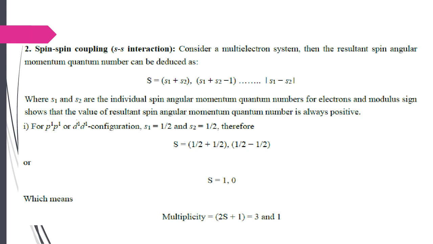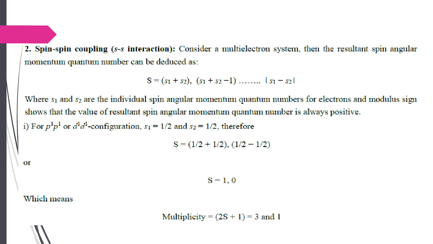Then spin coupling, that is S-S interaction. In the multi-electron system, the resultant spin angular momentum quantum number can be represented as capital S equal to S1 plus S2 down to S1 minus S2. S1 and S2 are the individual spin angular momentum quantum numbers for the electrons.